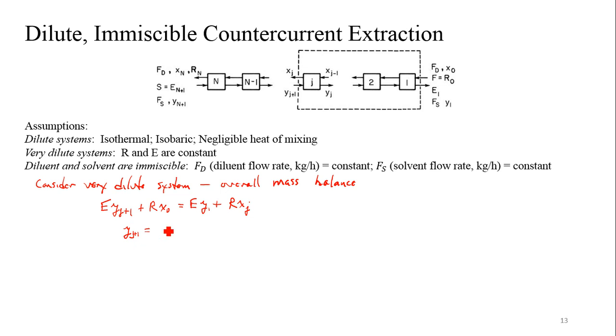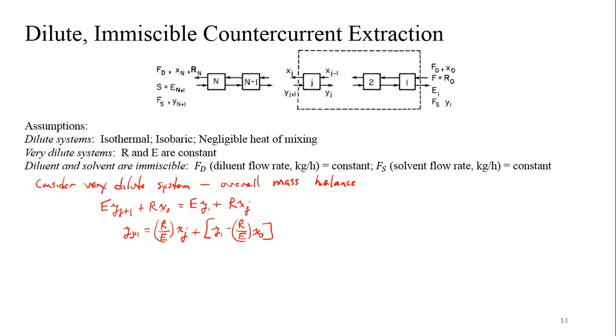y sub j plus 1 is equal to R over E times x sub j plus y1 minus R over E times x naught. That becomes our operating line.